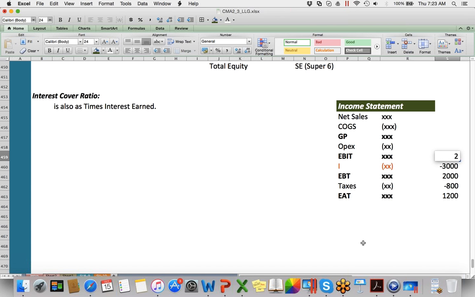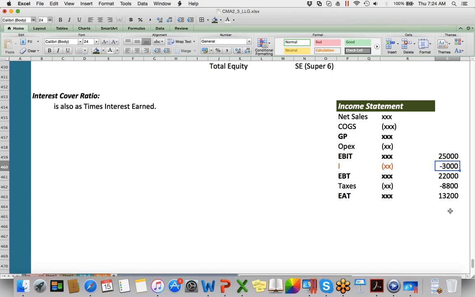But if you have, say for example, 25 million EBIT, and you are paying only an interest of 3 million, your profit before tax will be 22 million, and you are paying 40% tax, which is 8.8 million. You are getting a net income of 13.2 million.